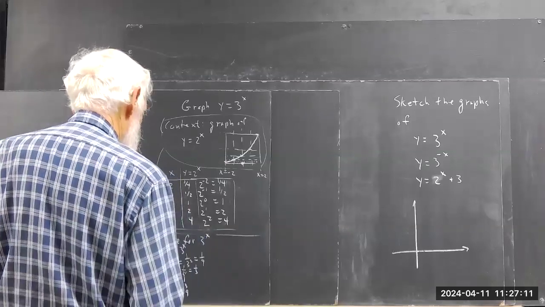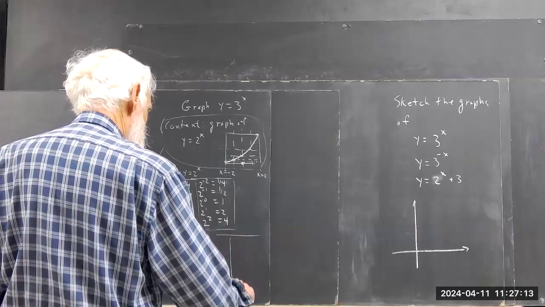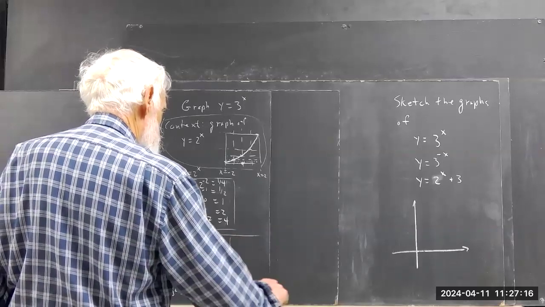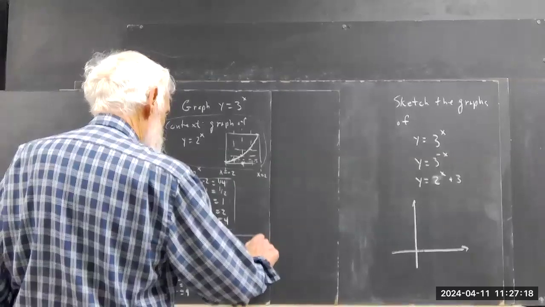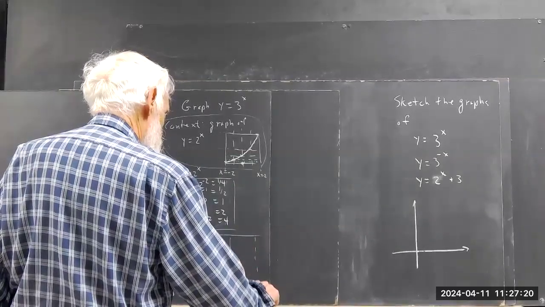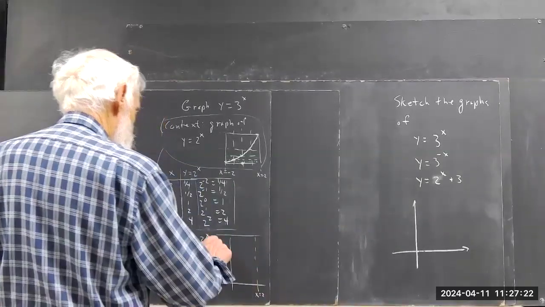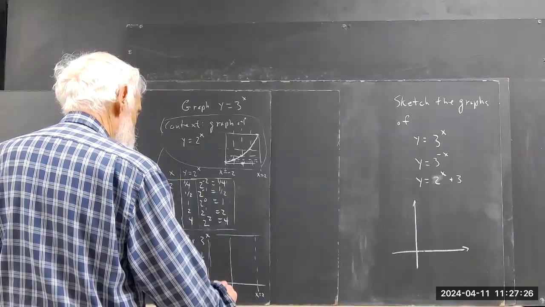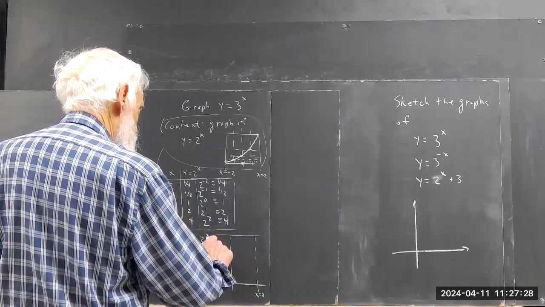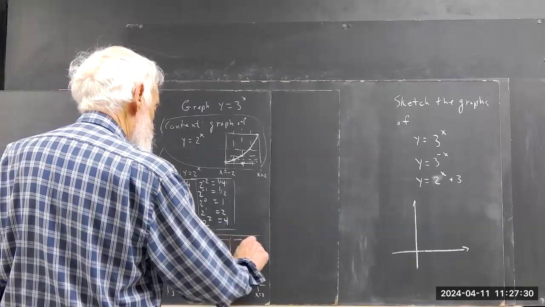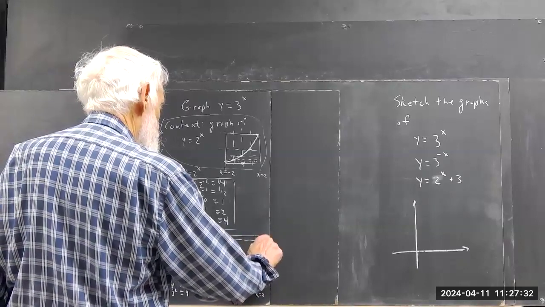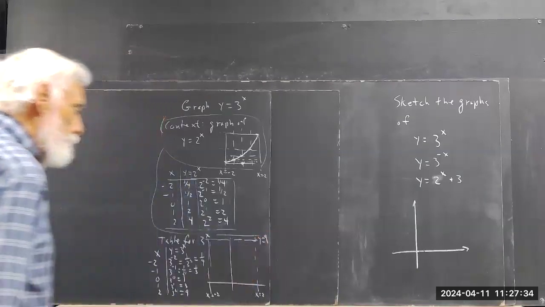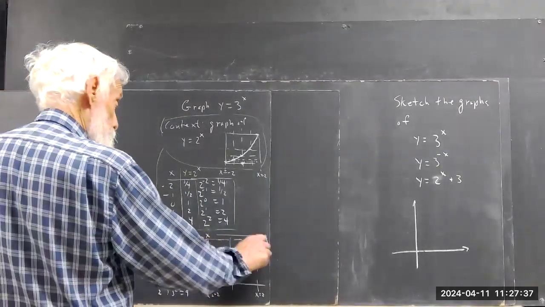So when we sketch the graph, here's a line where x equals 2. On this line, x equals -2. Up here, y equals 9. This horizontal line.